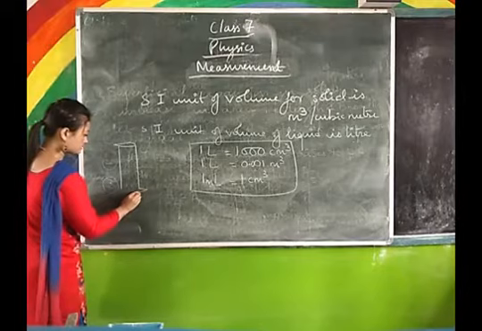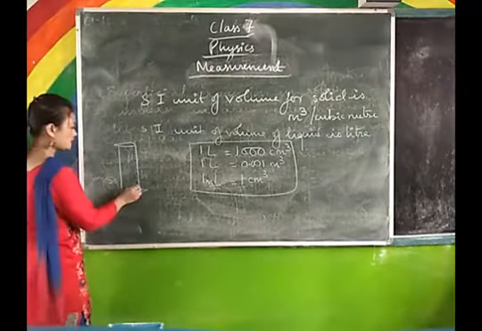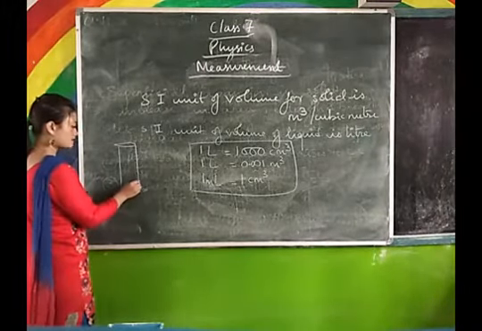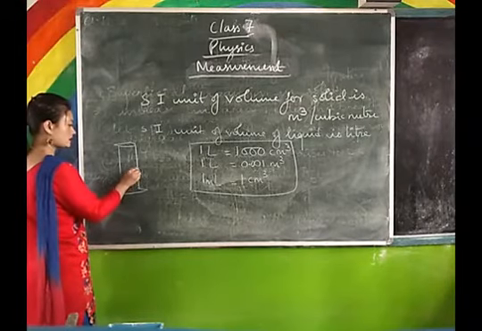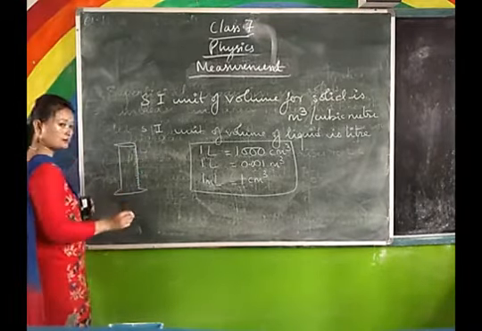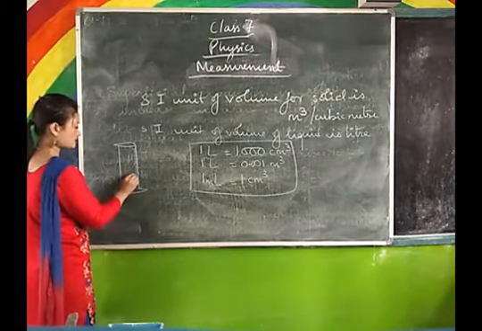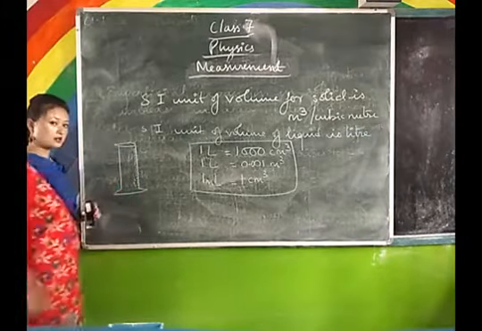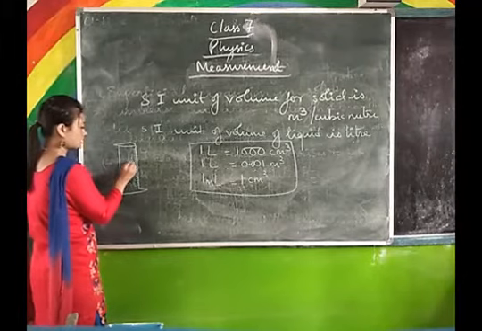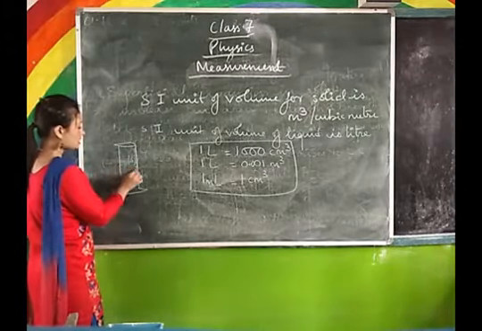Your measuring cylinder would somewhat look like this, and you have lines drawn here. The lines would indicate the number. It can be 1, 2, 3, 4, 5, 6, and goes on. Say this is your 15, and say you have filled water or any other liquid till here. Now, how do we measure?